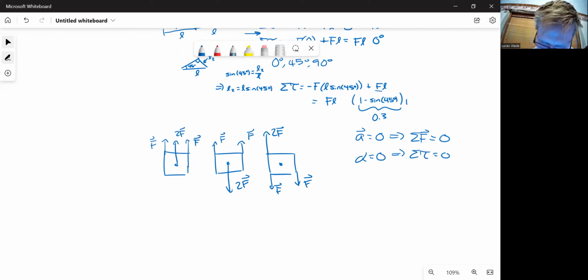So let's start with this one. What is the net force acting on this block? They're all acting along the y direction, so we only need to worry about the y forces. But what are those going to be? Yep, 4F, because it's F plus 2F plus F is 4F.